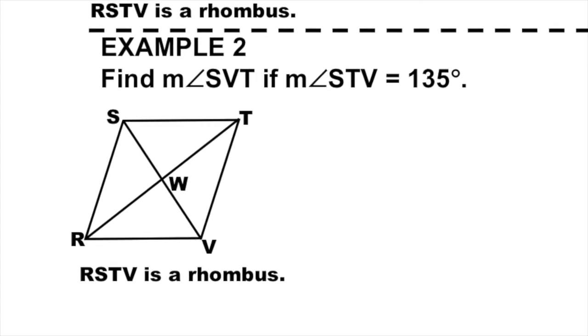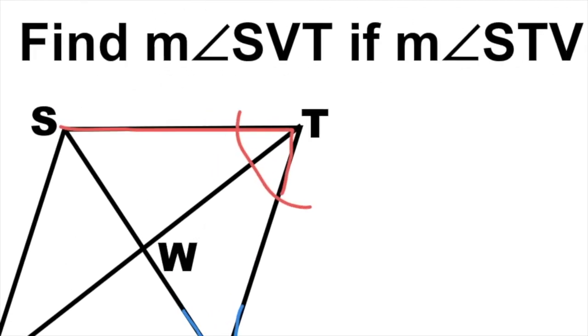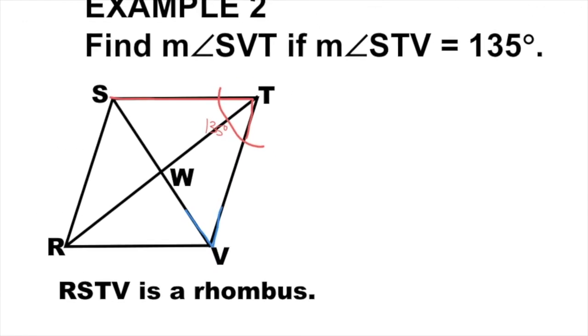Example 2, it says find the measure of SVT. That's going to be this angle down here, okay? If the measure of STV, so this angle up here, the whole thing, is 135 degrees. Let me zoom in a little bit there. Now, this is going to take a few steps. It's not like those angles are necessarily related, but there are ways you could do it. I'm going to use triangles to do it.